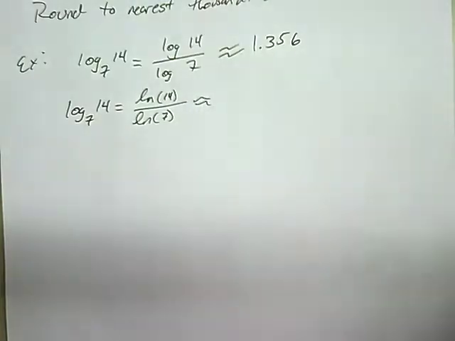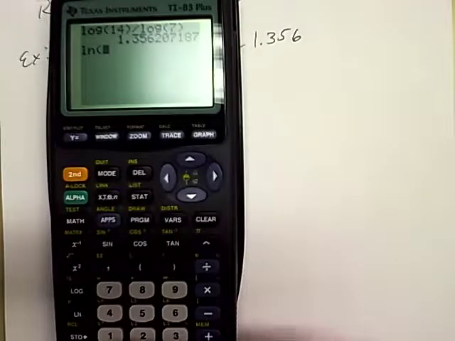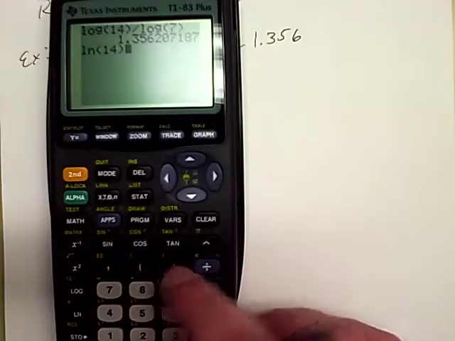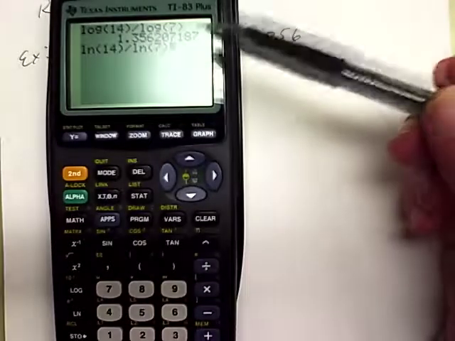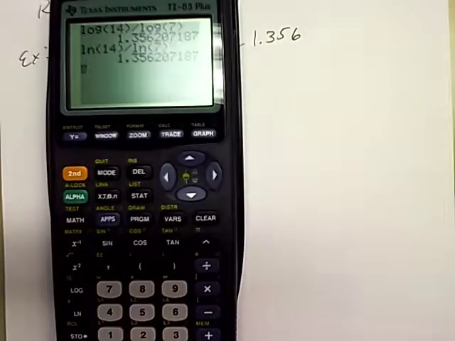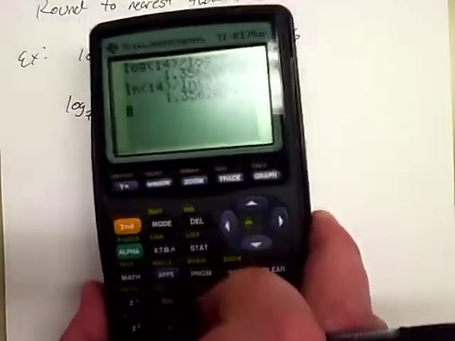So then I say, what does that equal? And I get in my calculator, I do the natural log this time of 14, and I close my parentheses, divided by the natural log of 7, and then I close my parentheses. And now when I hit enter, whoa, I get the exact same thing. This, to me, is super cool.